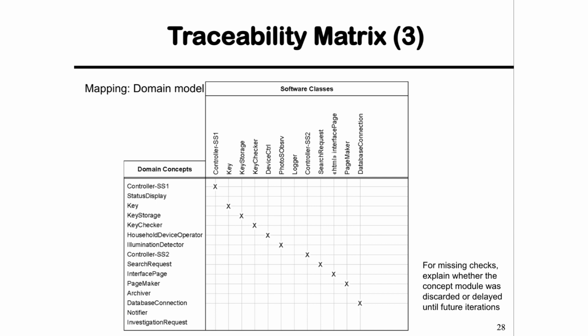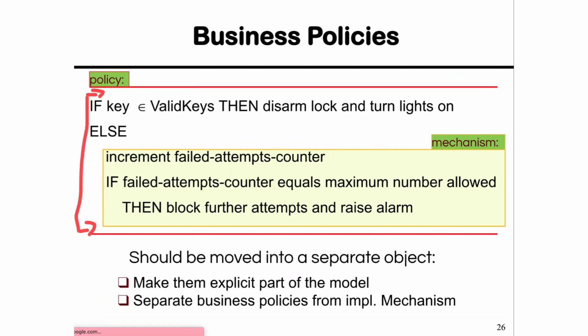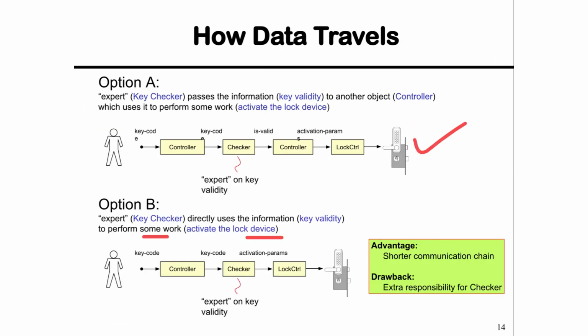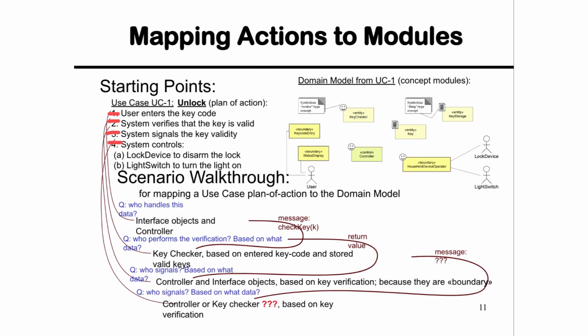So we have been discussing traceability of your designs in the previous chapter, which is about use cases. The same concept comes here when we talk about traceability of your system design. You have to be able to map between your identified classes and domain concepts or concept modules. In the previous phase, if you remember, we identified concept modules.